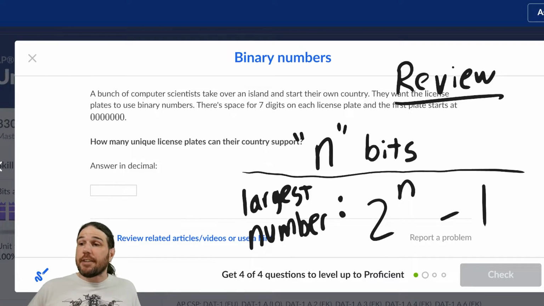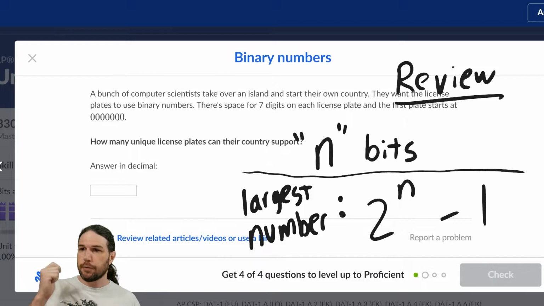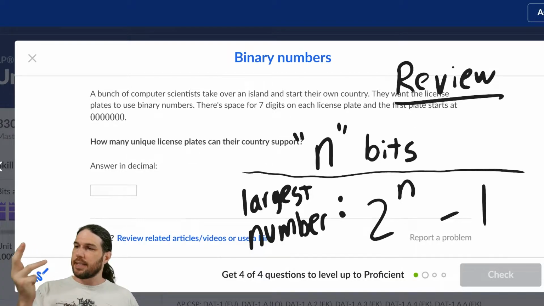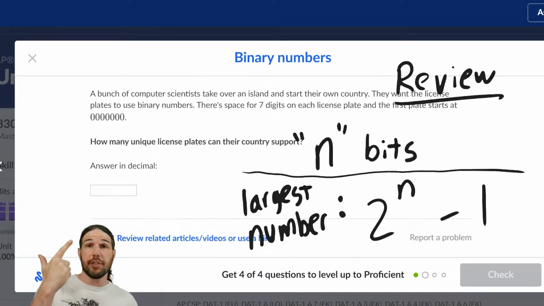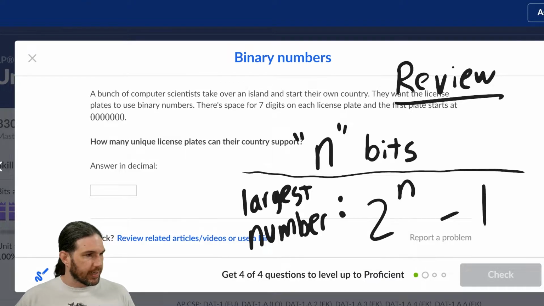So if you have 7 bits, the biggest number you can make is 2 to the 7th minus 1. If you have 12 bits, 2 to the 12th minus 1. Now we do have 2 to the 7th. So if I recall properly, 2 to the 7th is, let's see, 2, 4, 8, 16, 32, 64, 128. Okay, 2 to the 7th is 128, minus 1 is 127.